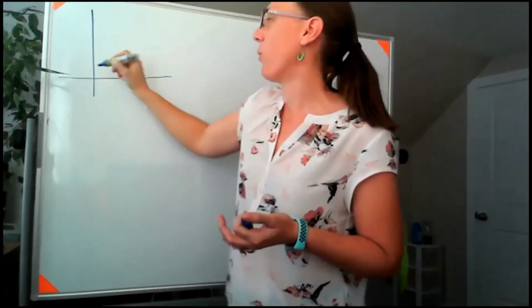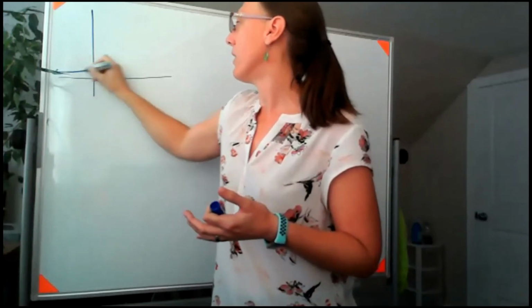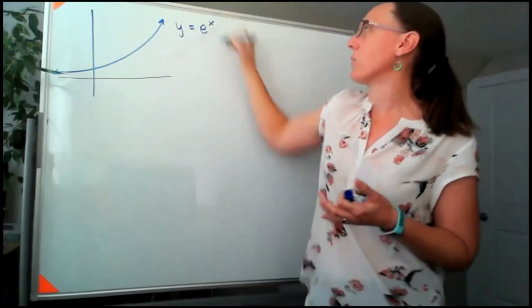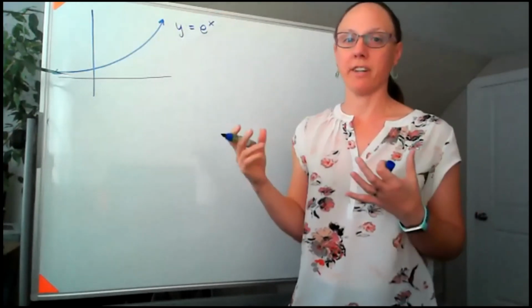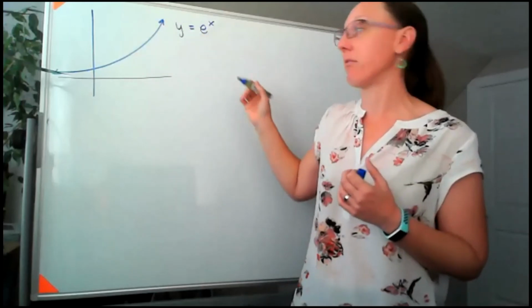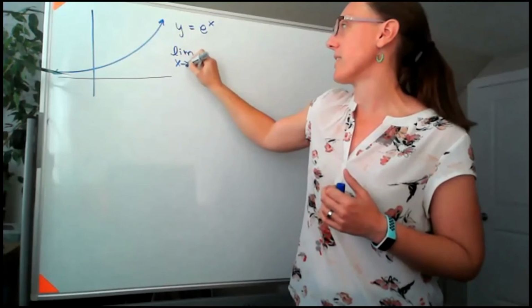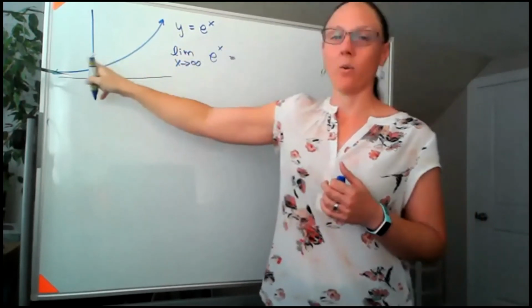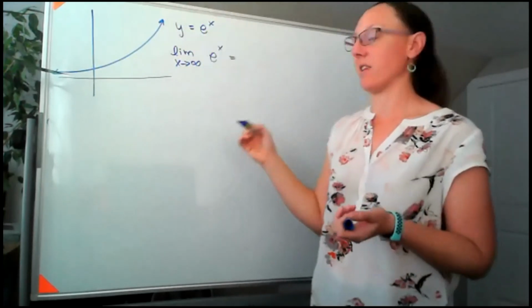Is to think about what e to the x looks like. So here is a graph of y equals e to the x. And I'm actually going to pull two different limits from this graph. If I look at the limit as x approaches infinity of e to the x, well, that's saying what's the y value approaching as my x approaches infinity.